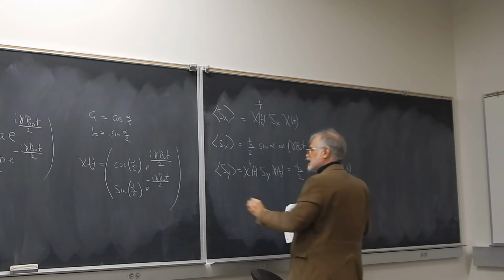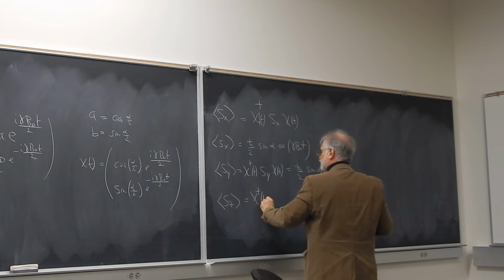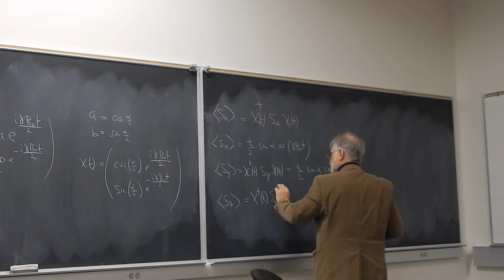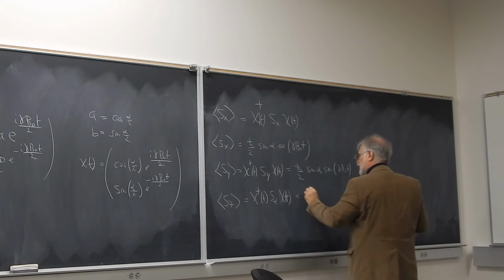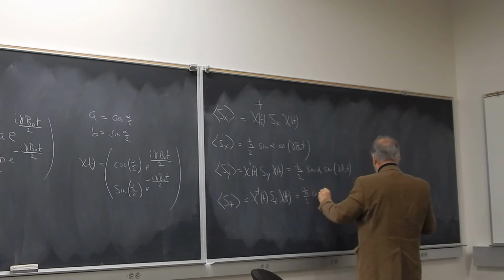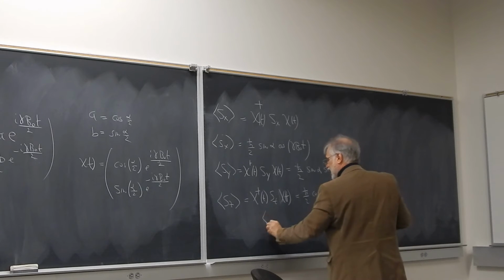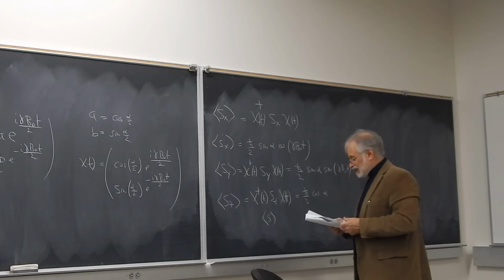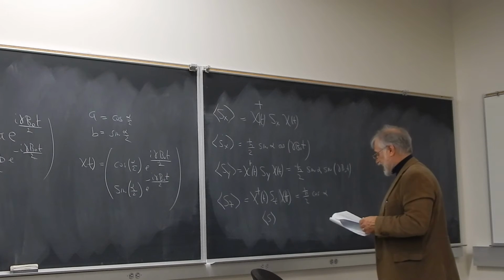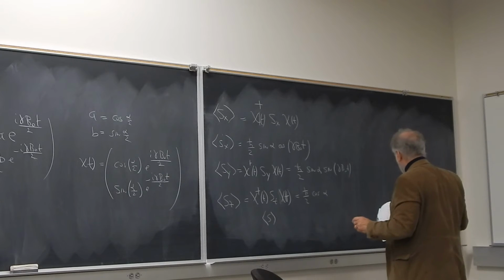And then finally, my expectation value for S sub z is chi dagger of t S z chi of t, and that's going to turn out to be h bar over 2 cosine alpha. That tells me that my expectation value for S is tilted at an angle alpha to the z-axis and precesses about the field at the Larmor frequency.